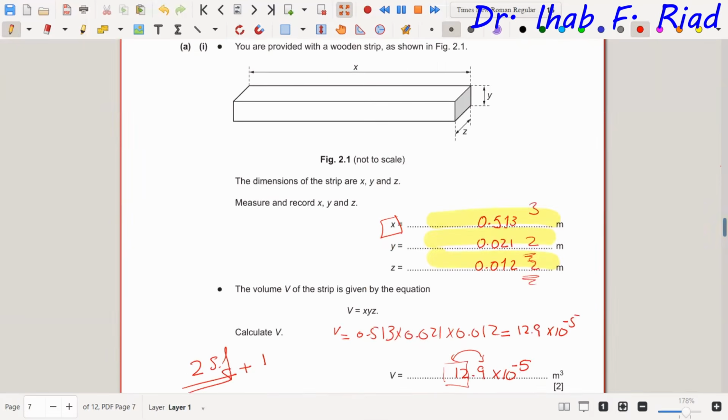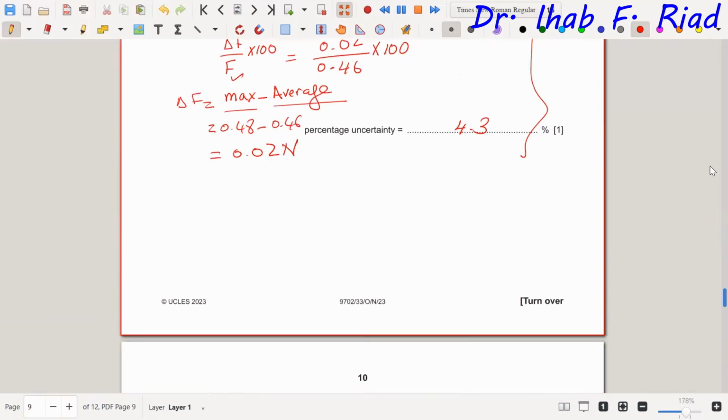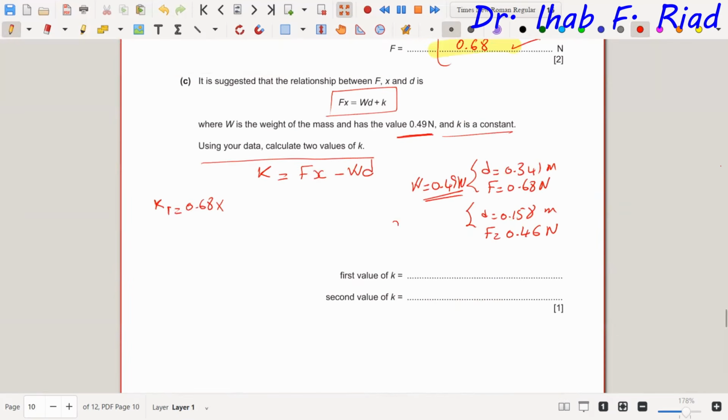Yes, we know X from before, 0.513 meters. So 0.68 times 0.513 minus 0.49 times 0.341. We do the math, we get 0.181.